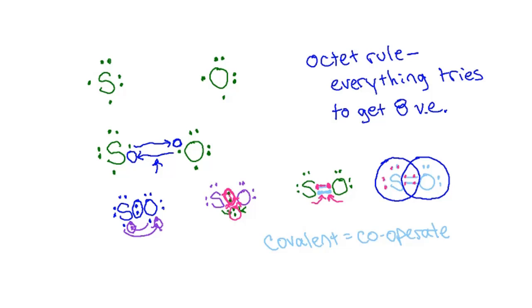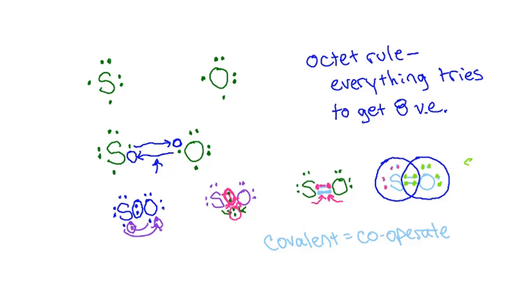And oxygen too. Oxygen also has 8 electrons around it. 1, 2, 3, 4, 5, 6, 7, 8. So perfect. So that's how you draw this.